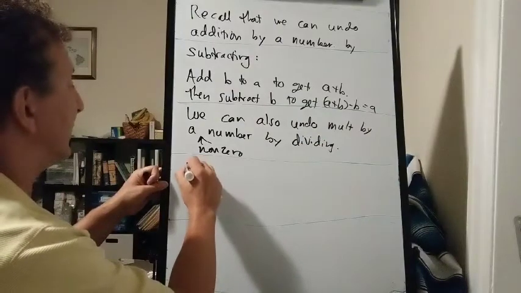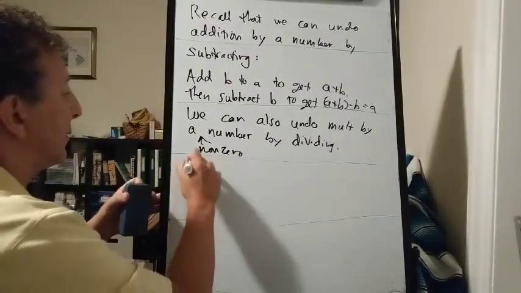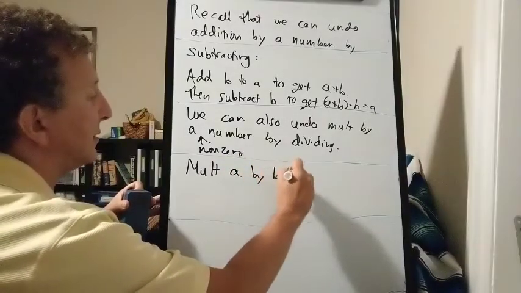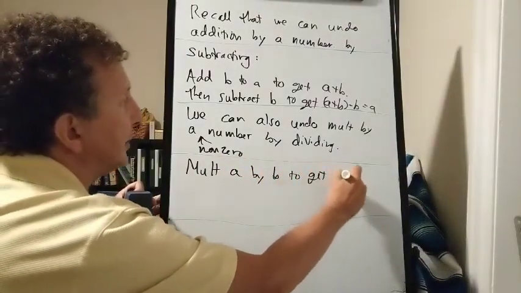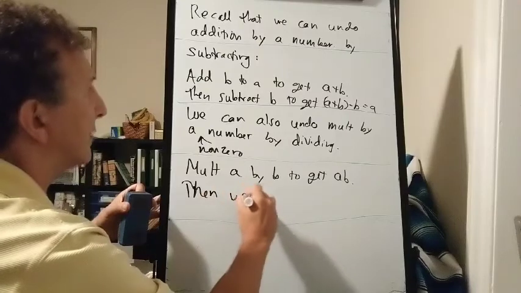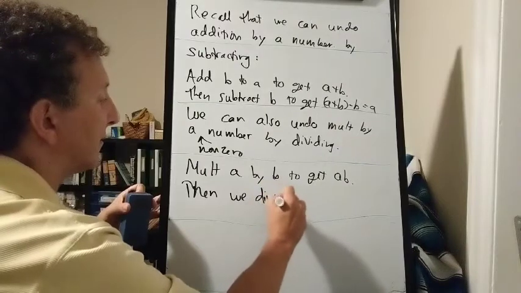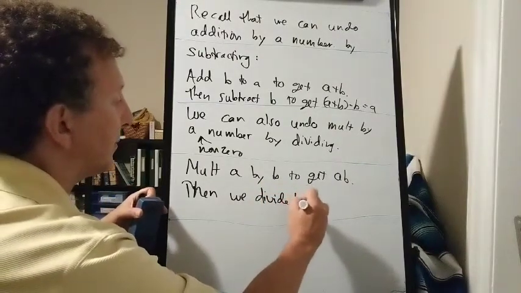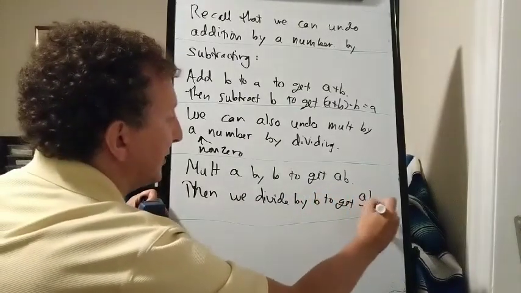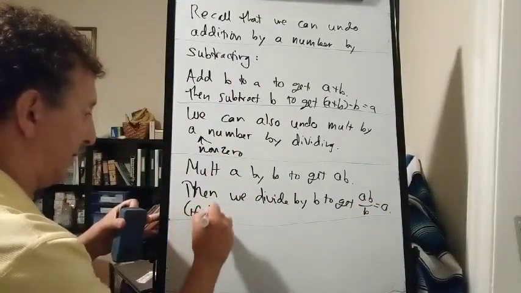So if we multiply a by b to get ab, then we can divide by b to get ab over b, which is a, like we never multiplied by b. Again, if b is not 0.